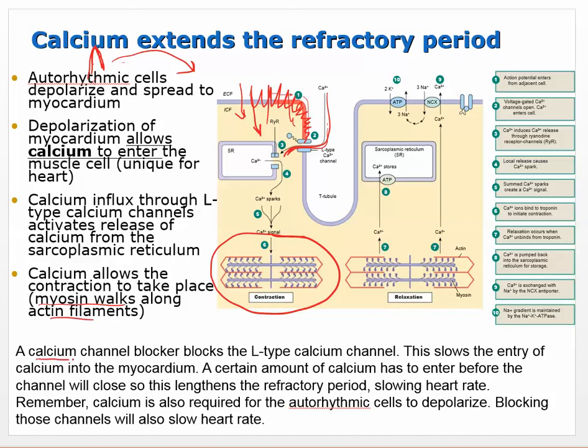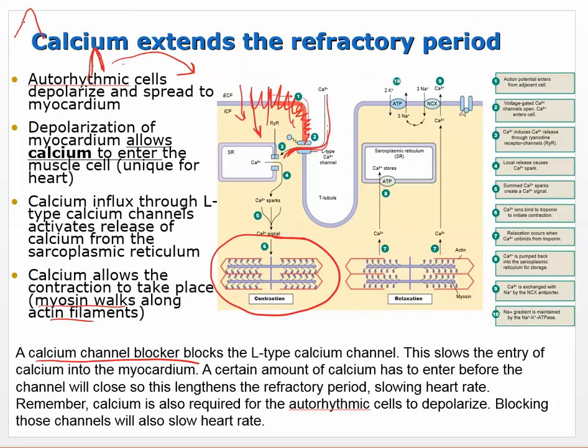Calcium channel blockers are going to be involved in this too. Remember how calcium channel blockers were involved in the pacemaker cells, because the pacemaker cells depolarize with calcium. So it was slowing pacemaker cells down. Well, in the actual myocardium, it will block those L-type calcium channels too.